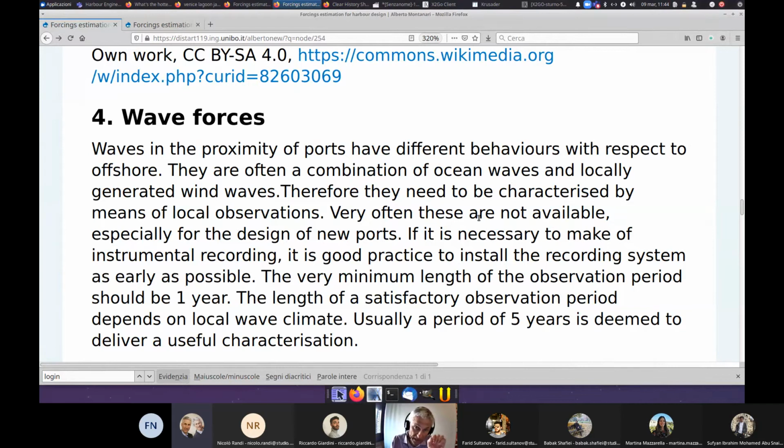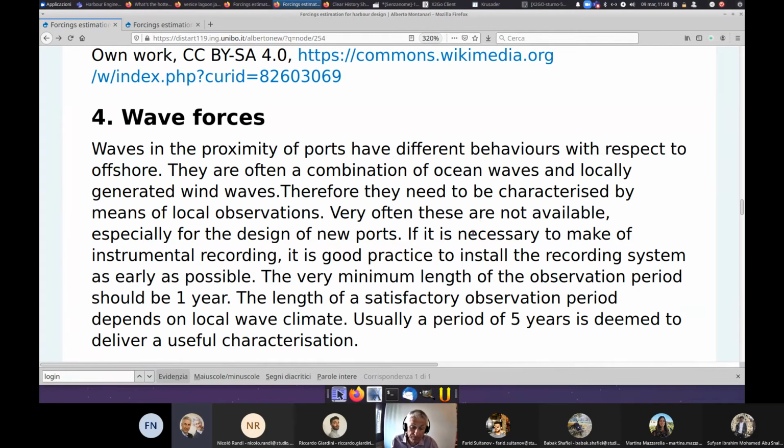So I start from the design lifetime of the structures, which for a berth is typically 50 years. Then I should design the berth against something that may occur once during the lifetime. And therefore, in principle, rigorously speaking, I would need observations for a period that is as long as the design life. So when I say 1 year of observation, it's clear that this is the very minimum that you may rely on.